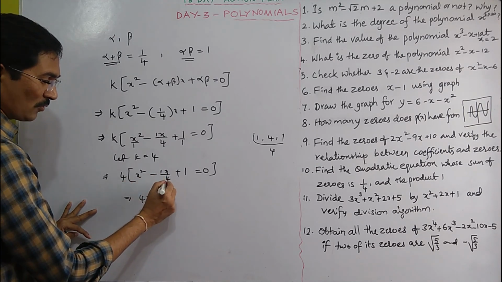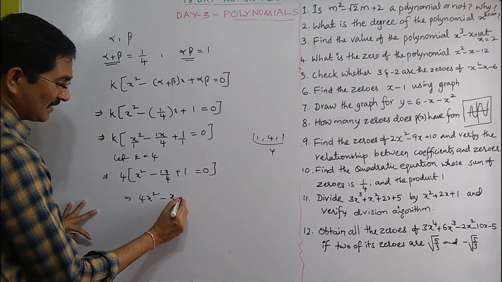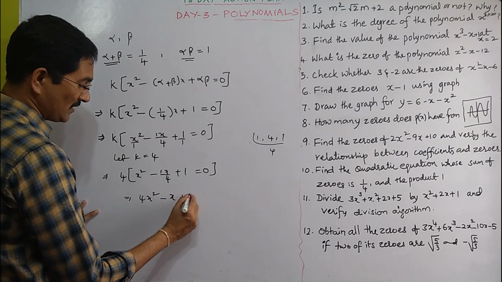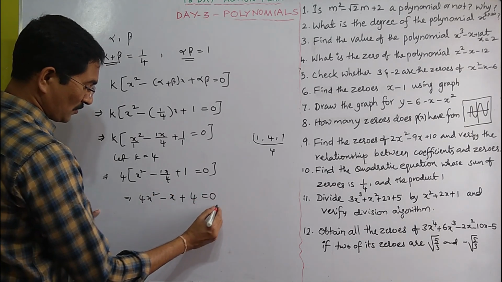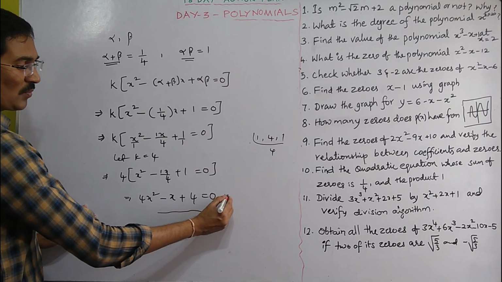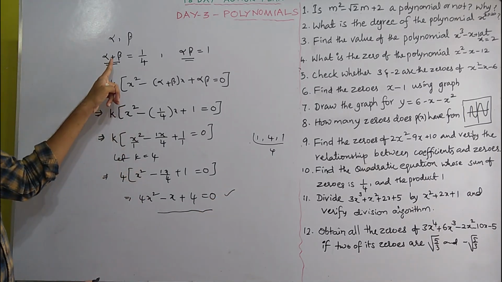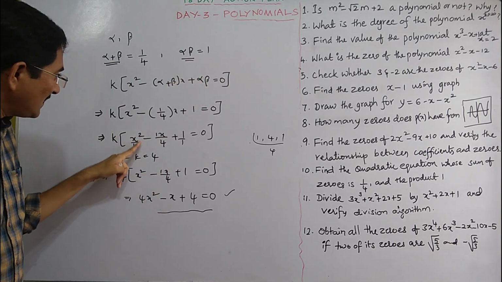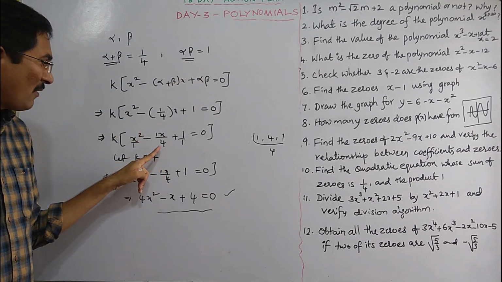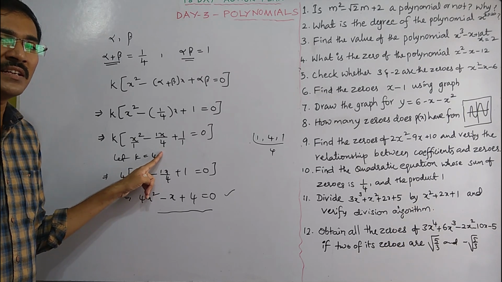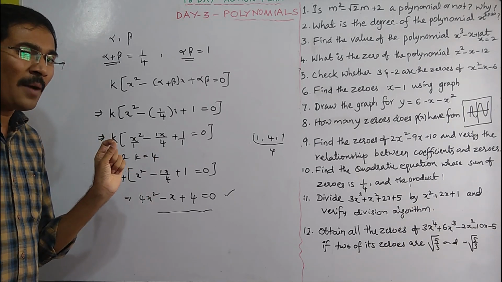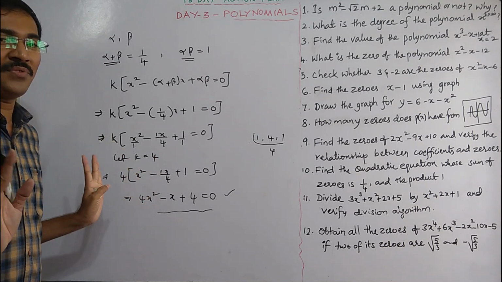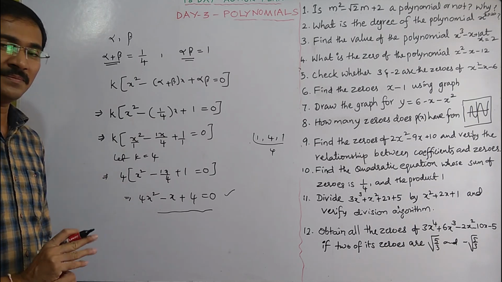Now 4 multiplied by this 4 gets cancelled, and minus x plus 4 into 1 is 4, is equal to 0. So this is the quadratic equation with sum of the zeros as 1 by 4 and product of the zeros as 1. Even the earlier form is an answer, but we have a fraction as coefficient which appears a little bit troubling. Now we are comfortable here. So this is how we do it.